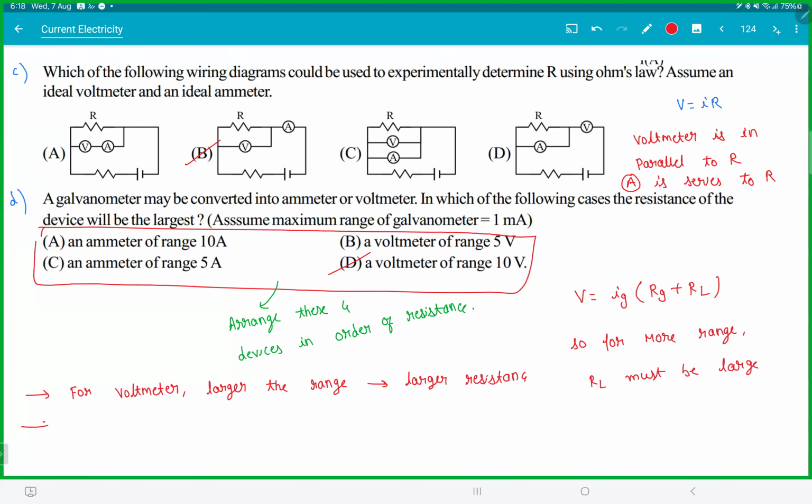But ammeters are different. For ammeters, you keep it in shunt. You want smaller resistances because remember, R shunt must be smaller. For ammeters, larger the range, smaller the resistance.